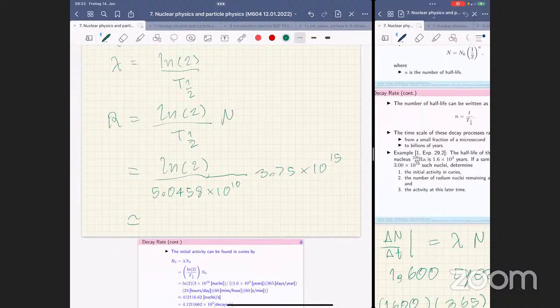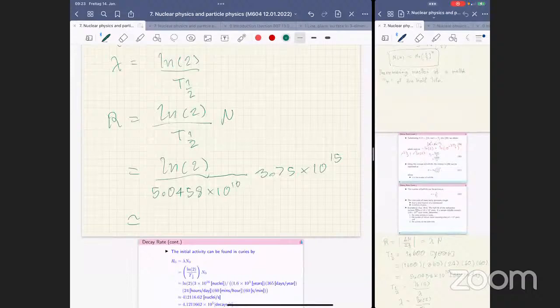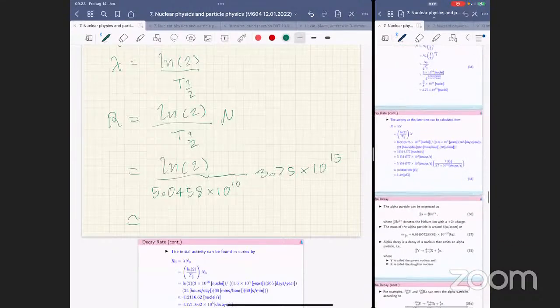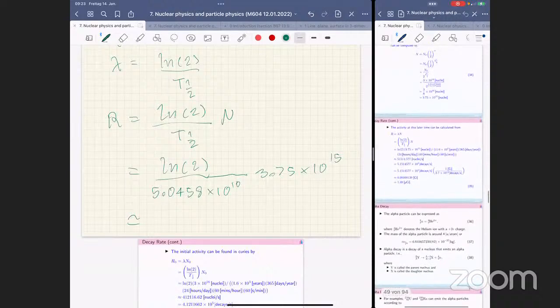The half-life is that in this, this is R, right? Yes, it's going to be ln 2 times R and divided by T half-life, and you get 1. Oh, why is it so small? Rate is like that. Yes, it's almost correct.